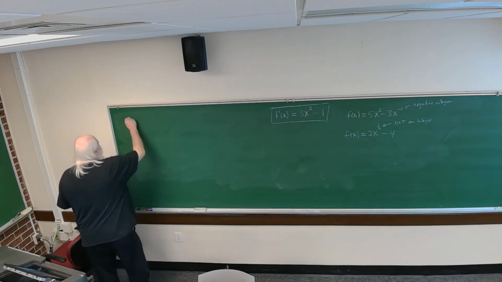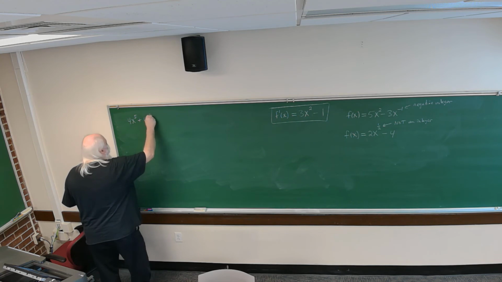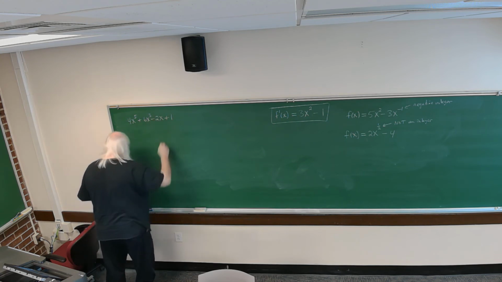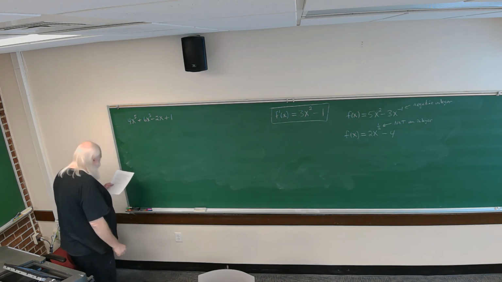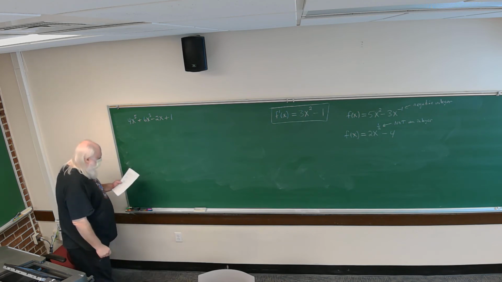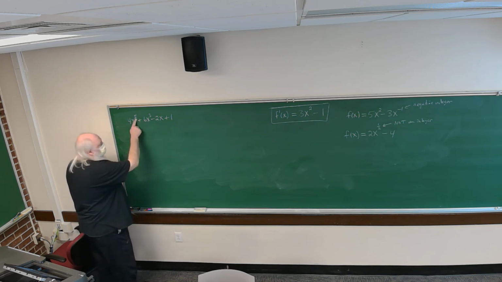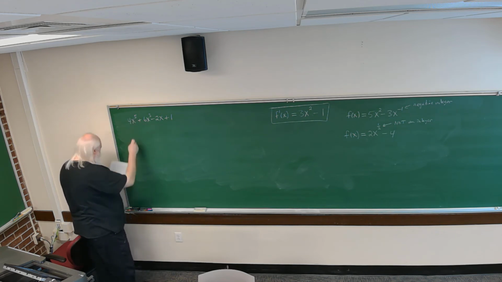In the first example, 4x to the 5th plus 6x cubed minus 2x plus 1. To determine the degree and the leading coefficient of the given polynomial function, the largest power of x in this example is 5.